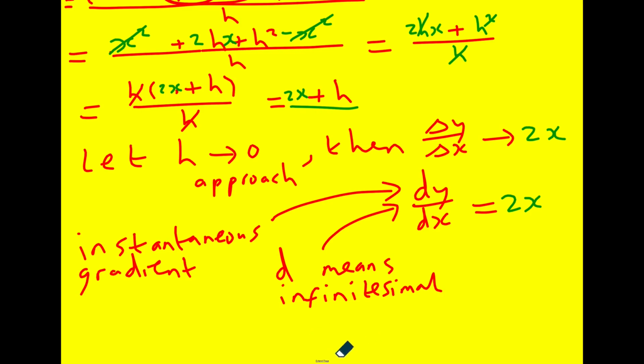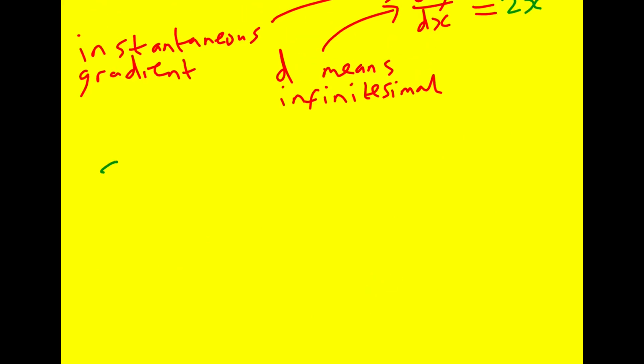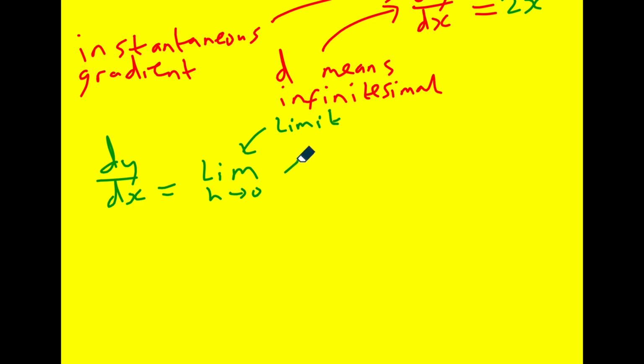And here's how you can write it. You can also say that dy by dx is the limit, that's shorthand for limit, that means you're approaching something, as h tends to 0 of my change in y over my change in x.